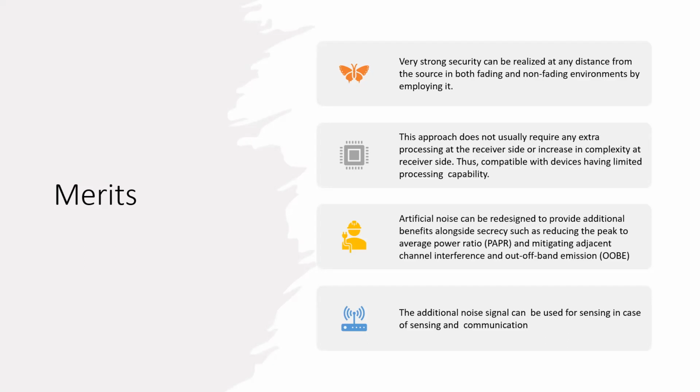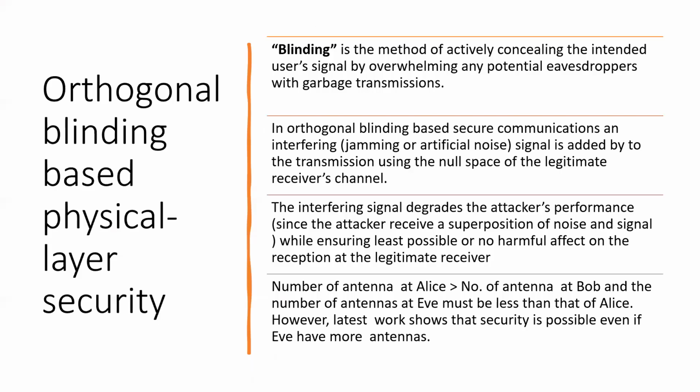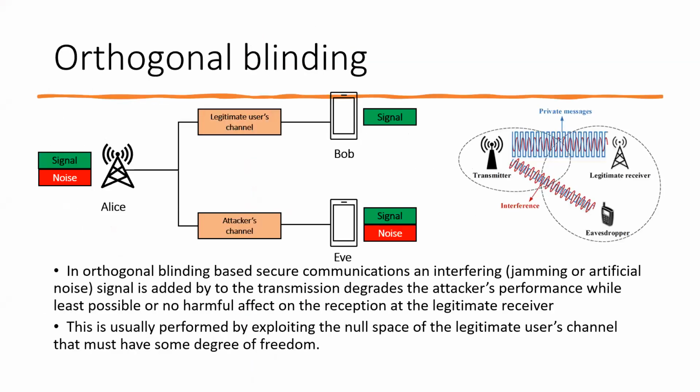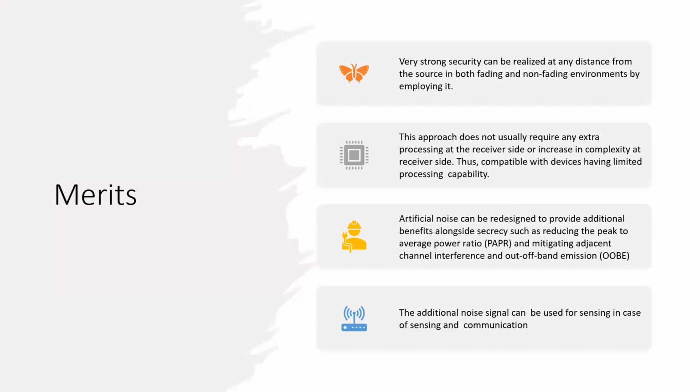Another interesting benefit is that because you are designing the artificial noise at the transmitter based on the legitimate channel, you don't need to do any extra processing at the receiver. The transmitter adds a noise signal, and when it passes through the channel of the legitimate receiver, the legitimate receiver will not receive any noise signal, or only a very small effect. So there is no need for any extra processing at the receiver.